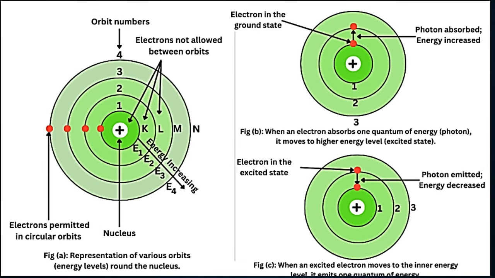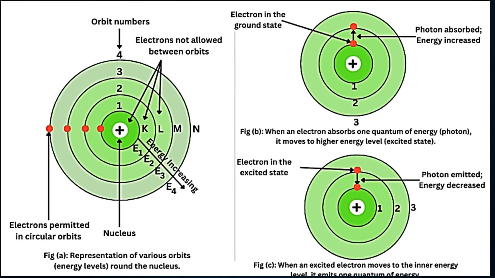The third postulate tells us that while electrons are moving in these circular orbits, they do not radiate energy. Meaning that with the energy an electron has within its particular state, it will not lose that energy.